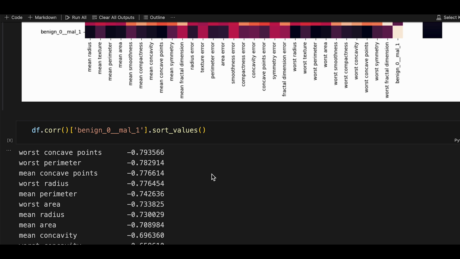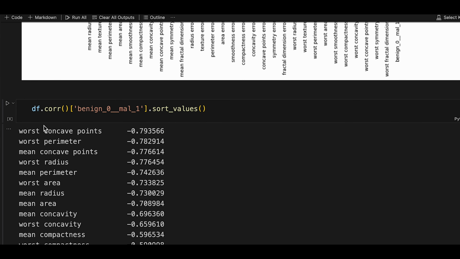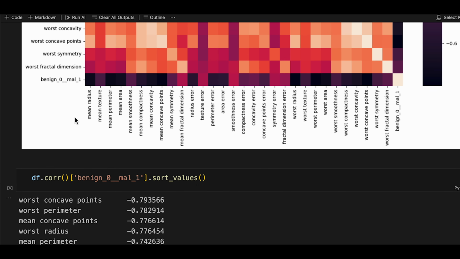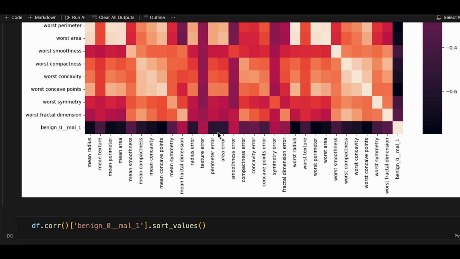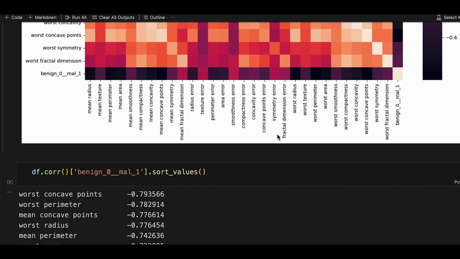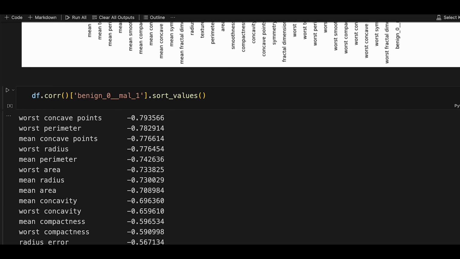It is not completely necessary to remove features, but in case you want to remove features, this kind of strategy might work for you. We are taking the last column in the correlation matrix, or this row completely, and sorting it.